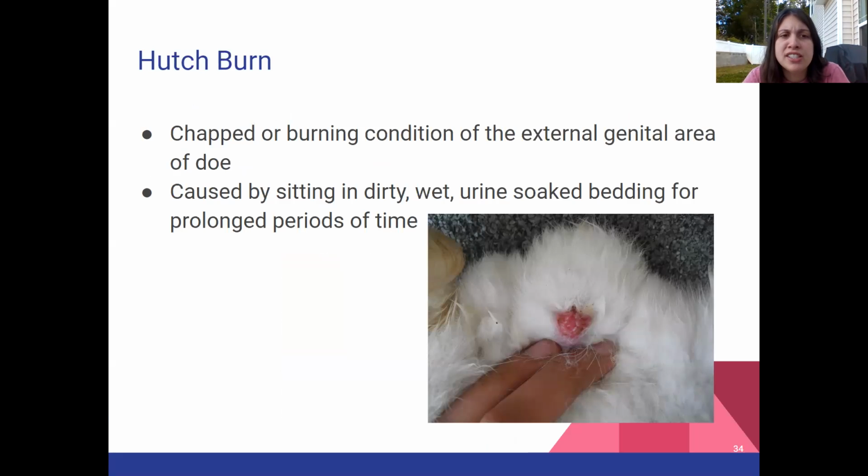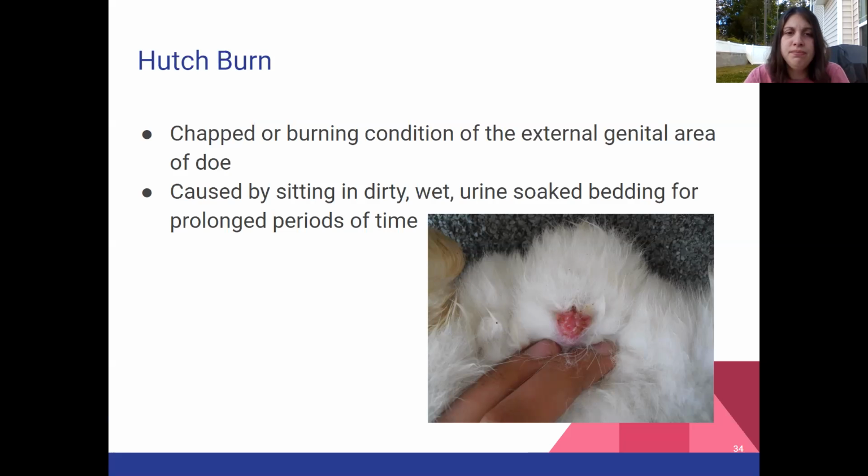Hutch burn, you can see typically in does, or female rabbits, where the skin gets chapped. You're going to see it when their cage isn't clean the way it should be.